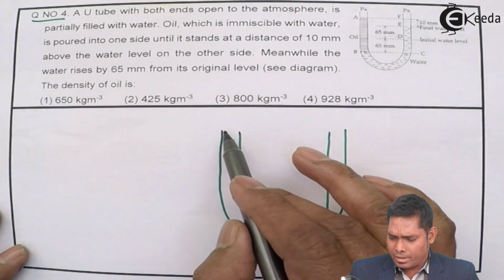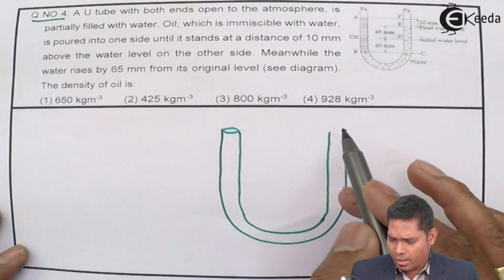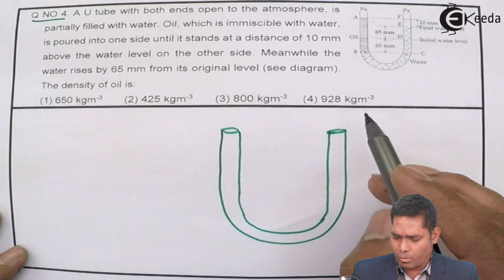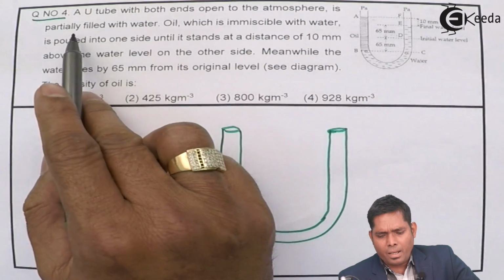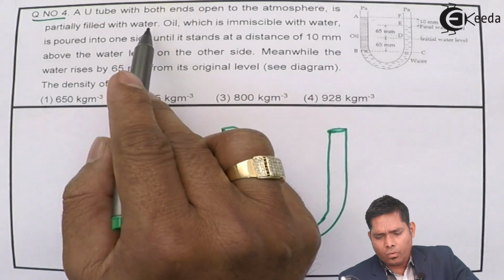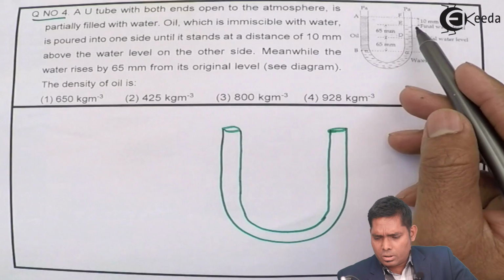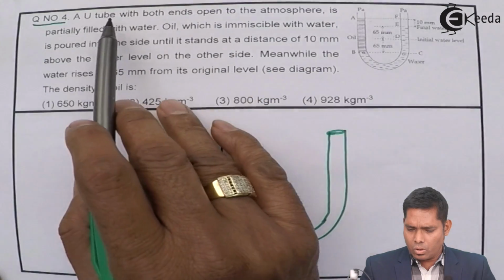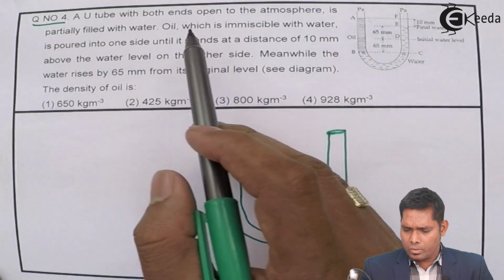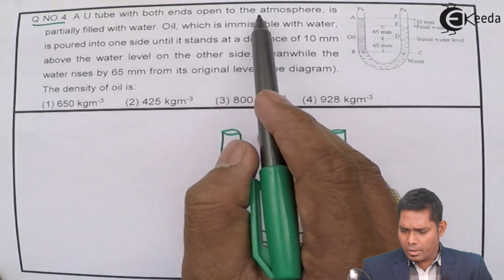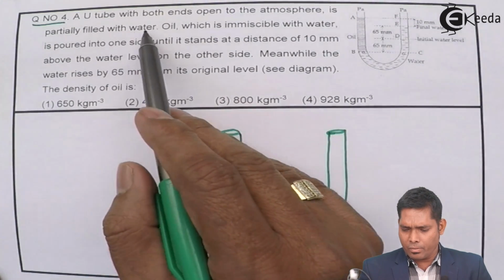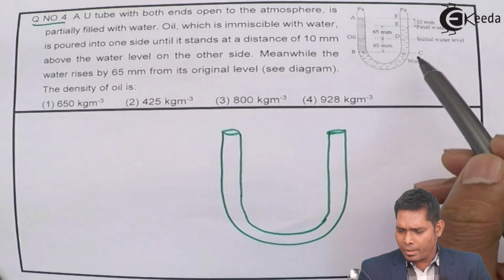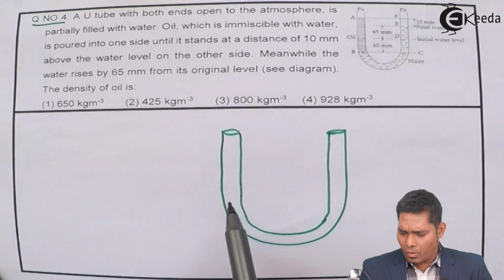Both the ends are open to the atmosphere, this end and this end. It is partially filled with water and oil. Some part is filled with water and some part with oil.